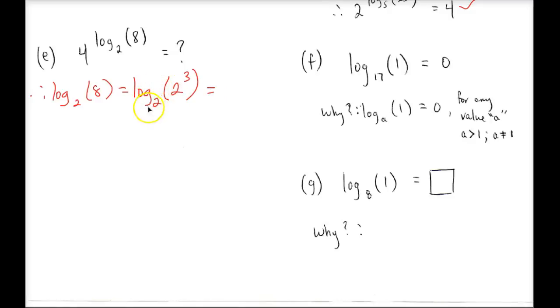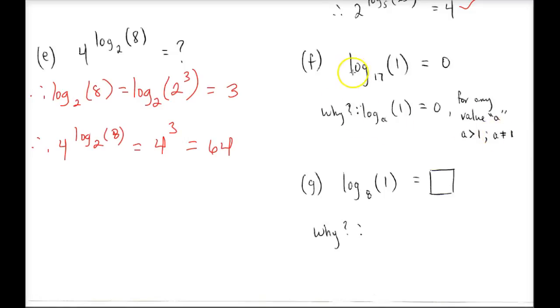And from property 3, we know that log base 2 of 2 raised to the 3 is just 3. So from that point, we know that 4 raised to the log base 2 of 8 is just going to be the same as 4 raised to the third power, which is 64. Because 4 times 4 is 16. 16 times 4 is 64.